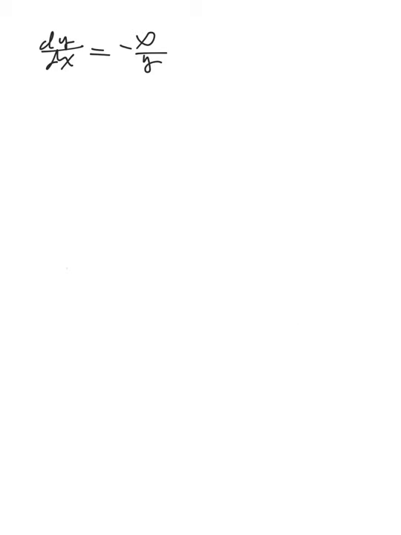This is going to require a quotient rule, it looks like. So we're going to take the derivative again. Derivative with respect to x, this time of negative x over y.